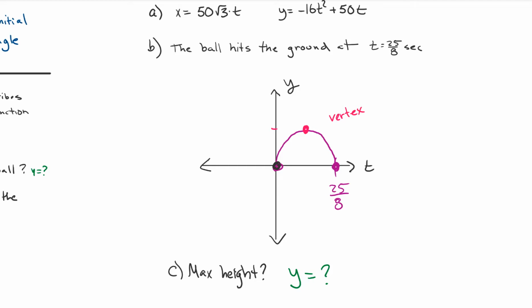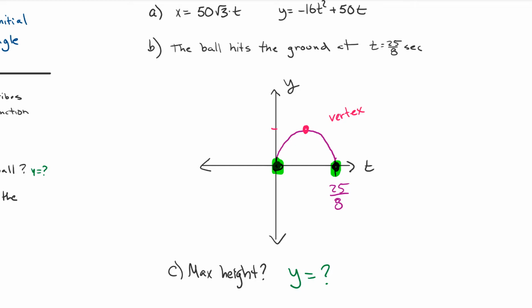Now there's going to be two different ways that we can solve this. In the simple case that we have here, where the height is equal to 0, we can do a bit of a shortcut. We could use logic, but we can only do this when the initial height is equal to 0. A parabola has symmetry.